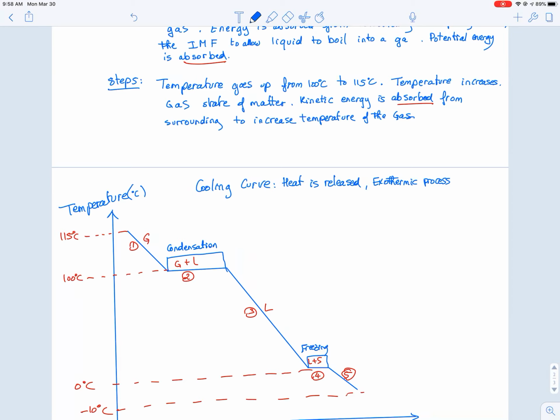So in these two processes, heat is being released. So I can say, gas to liquid, that's condensation, and then liquid to solid, that's freezing. And I can say that condensation and freezing are both exothermic processes. Okay?